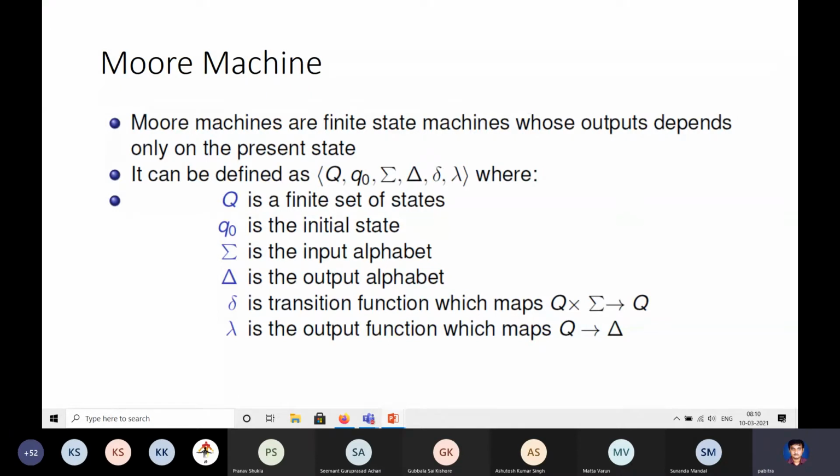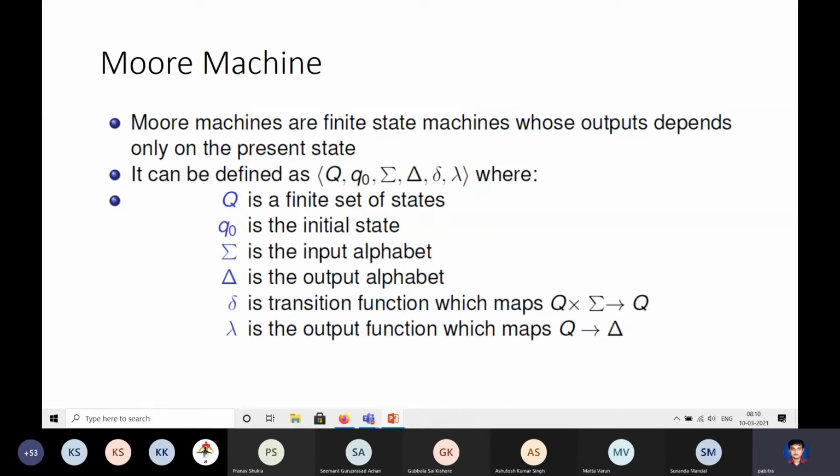And then the change is in the last definition. The lambda is the output function. In the Mealy machine, lambda was mapping Q cross sigma, that is the state and an input, to the output. So the output depends on both the current state and the input. Here, output depends on only the current state.